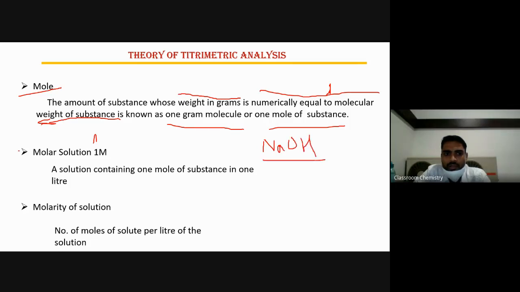The definition is a solution containing 1 mole of substance in 1 liter. That is, our final volume is 1000 ml. Then what is the quantity here? We want to prepare a 1 molar solution of NaOH.